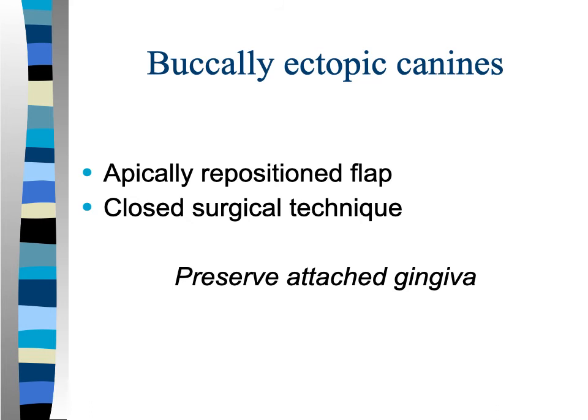The closed surgical technique is where you open the flap, you bond an attachment to the canine, usually a gold chain that we can apply a force to so we can align the canine, and then you suture back the flap.